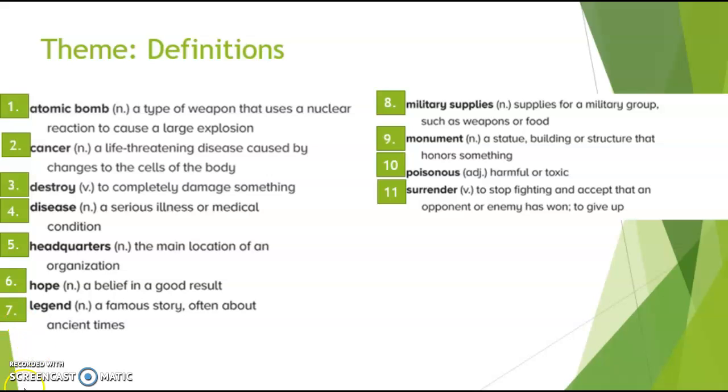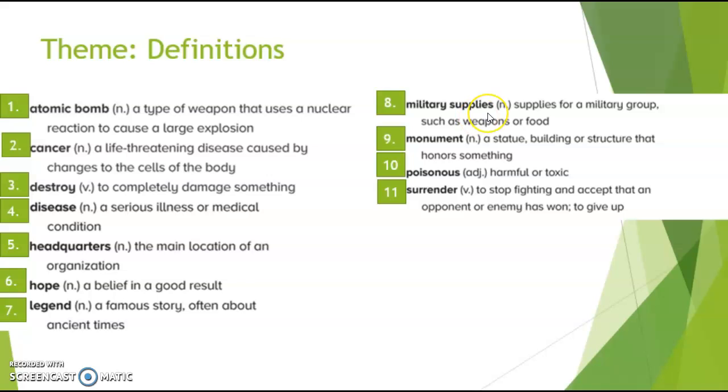Okay, now the word number 8, military supplies. Supplies for a military group such as weapons or food. So a supply is like a reserve that you can take, for example, food. Maybe during quarantine, some of your supplies is to have enough food to share with your family.